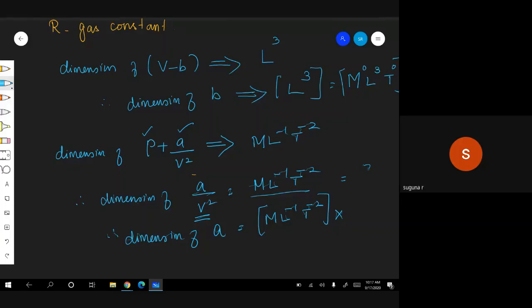Okay. Therefore, what is the dimension of V squared? L cube to the power 2.